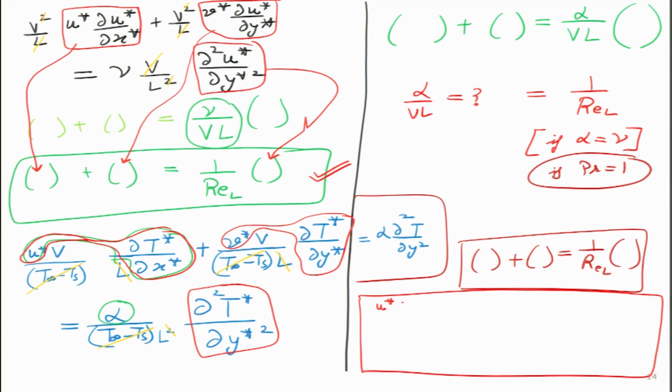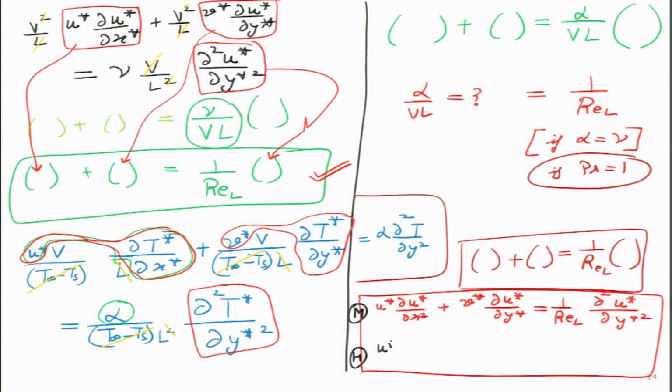So, this is the momentum equation. V star del u star del y star equals to 1 by REL del square u star divided by del y star square. So, this is for momentum. I will write m over here, and this is for heat, capital H. So, here I am going to write this equation.